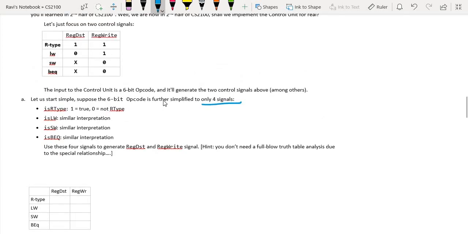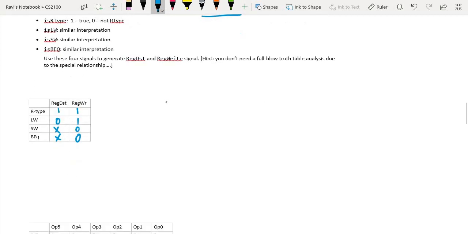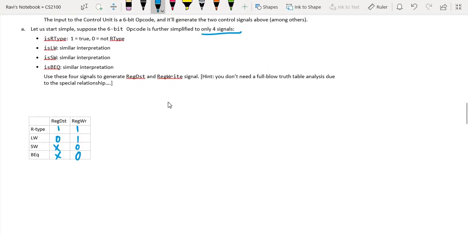Let's just fill in the truth table first. So here I have 1, 0, x, x here, and 1, 1, 0, 0 here. Now, let's look at register write first. For register write, it is quite straightforward: it is 1 as long as it is an R-type instruction or load word instruction.